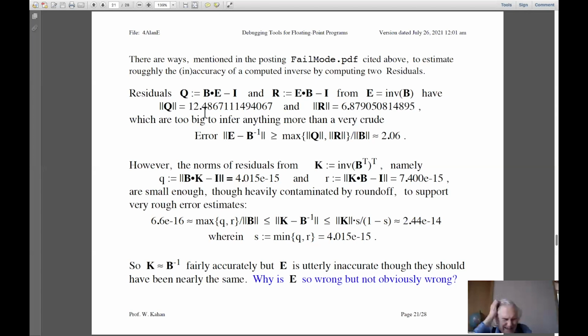Those residuals are pretty big. They're very big for something that we wish were 0. And therefore, we can't infer anything much about how big the error is, other than that it's at least 2. The norm is at least 2. That we can infer.